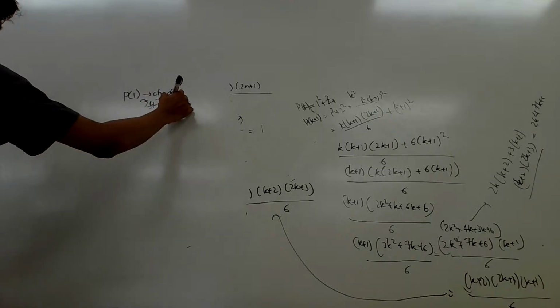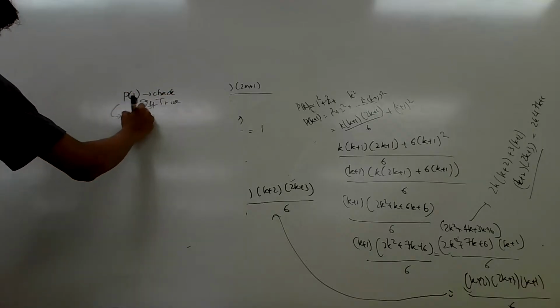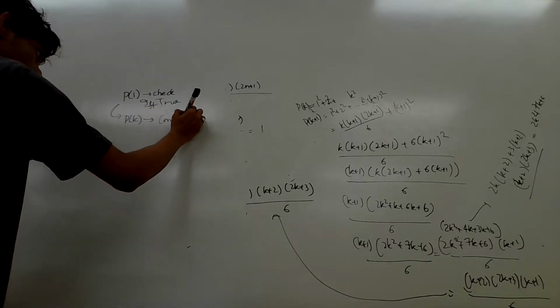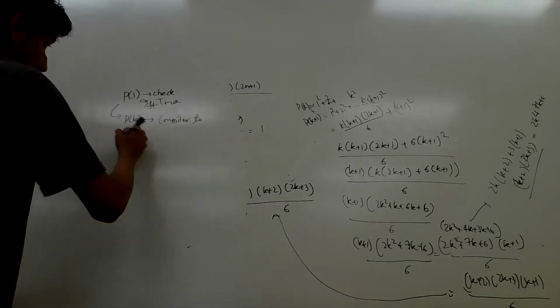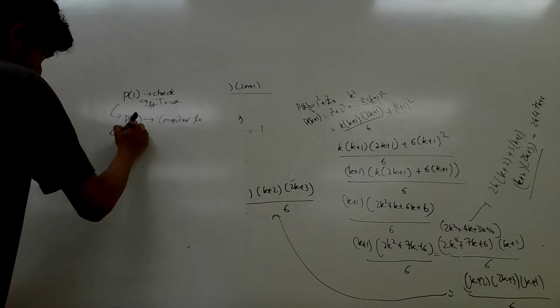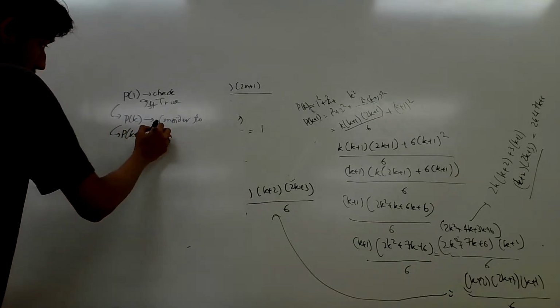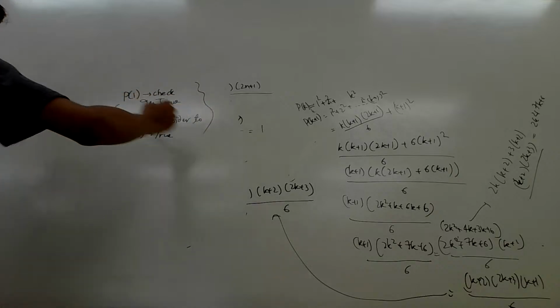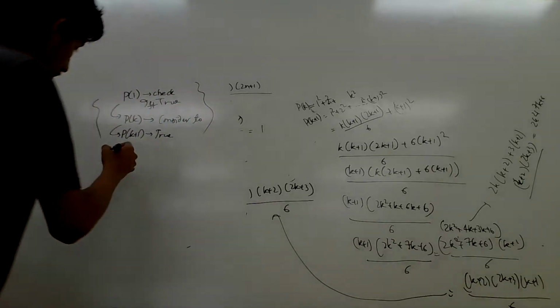If and only if it's true, move on to P(k), consider it to be true, and then try to prove from there that P(k+1) is true too. If you can do this, you can prove any generalized formats of equations.